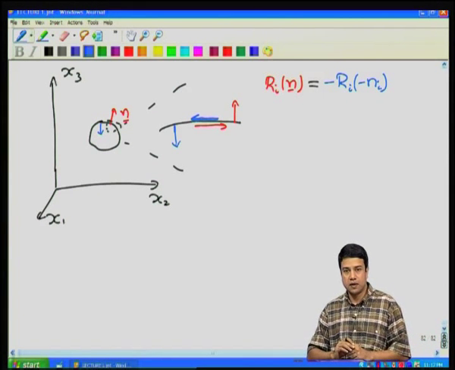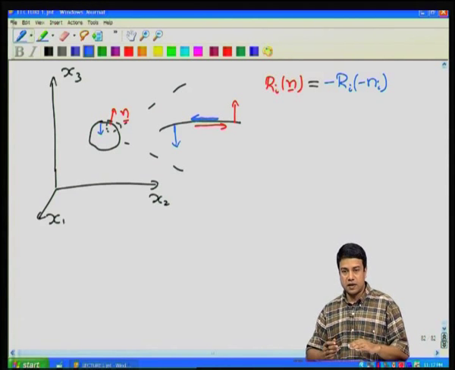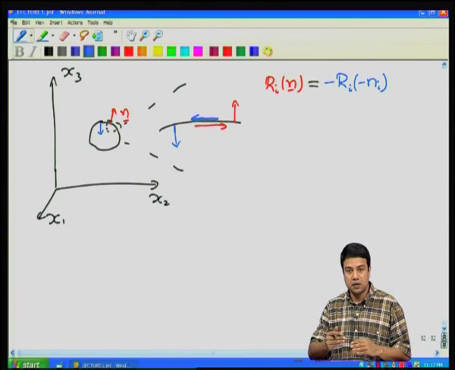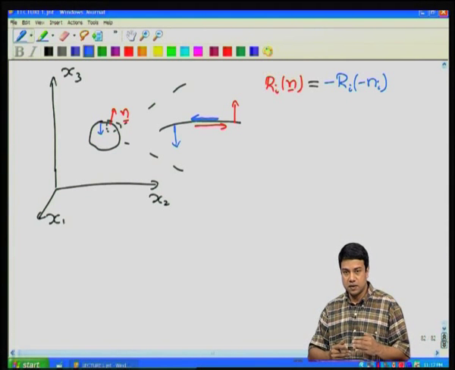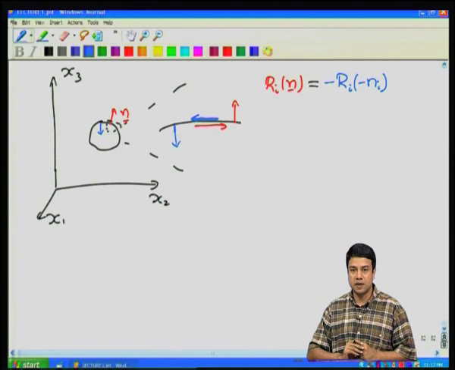If I reverse the direction of the unit normal, in which case I am looking for the force exerted by the fluid inside on the fluid outside, the direction of the force reverses. So, therefore, Ri for a unit normal n is equal to minus Ri for the unit normal minus n.